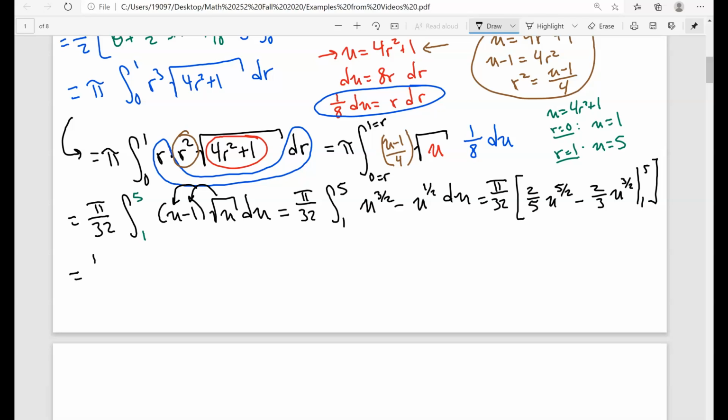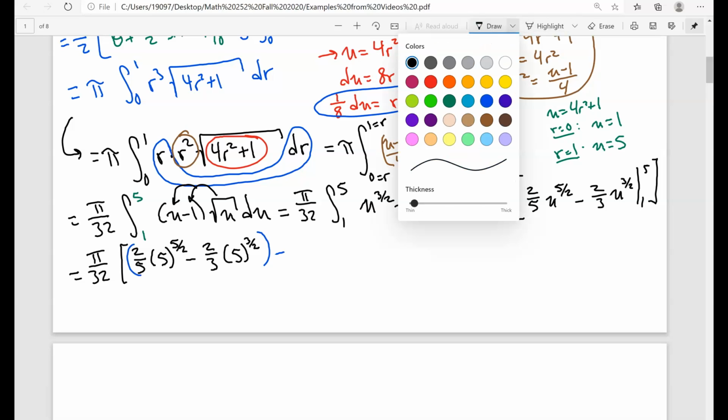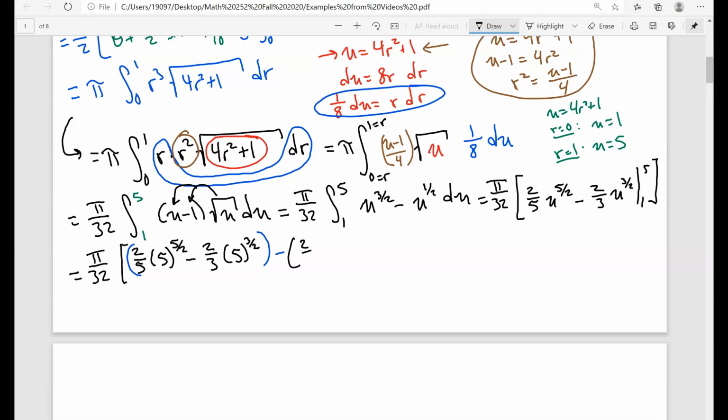You're going to get pi over 32 times 2/5 5 to the 5/2 power minus 2/3 5 to the 3/2 power. This is my first part when I plug in the 5. Minus, I get my second part, which is 2/5 1 to the 5/2 power minus 2/3 1 to the 3/2 power.